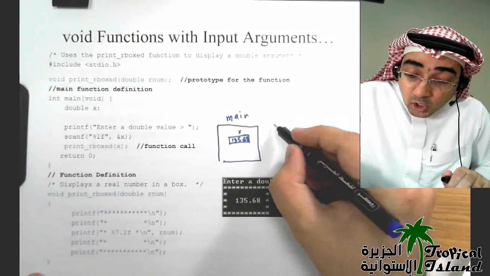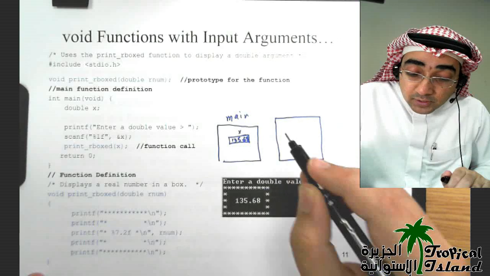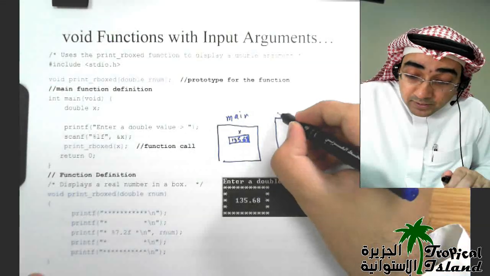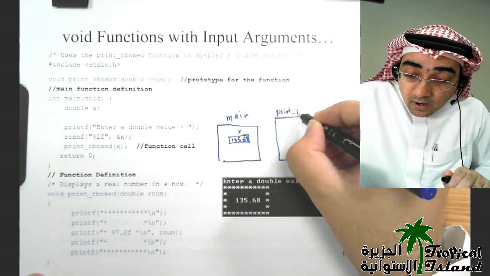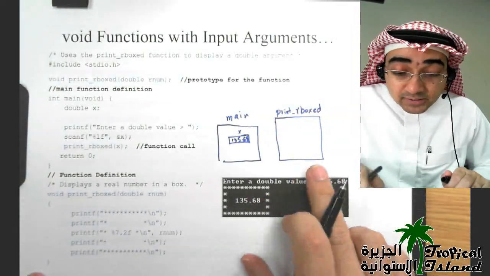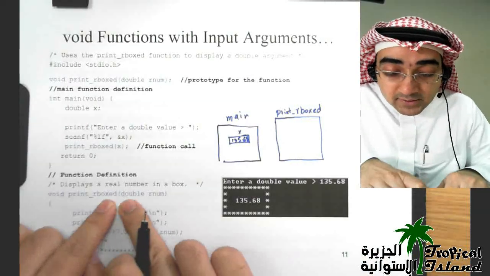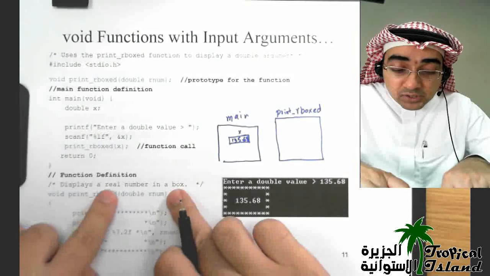When you call a function, you will allocate a new memory for this function, and you will name it print underscore our box. Okay, and in that you're going to declare a variable, whatever is declared in the function header. So this is the function header, this is the implementation.